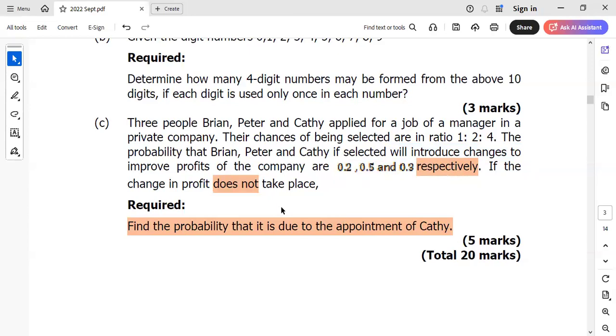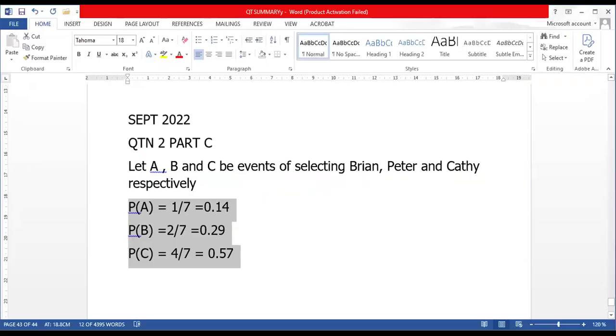So here you're looking at the opposite side. You are given the probabilities related to Brian, Peter, and Cathy, if selected, will introduce changes to improve profits. So when you are dealing with this question, you need to pay attention.